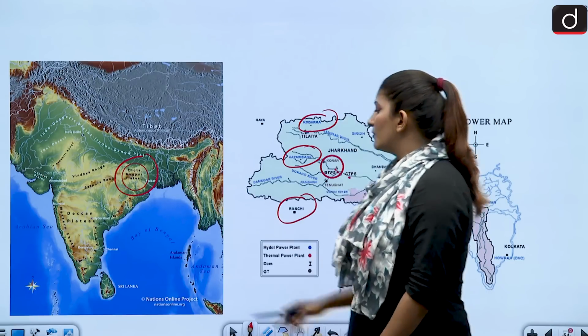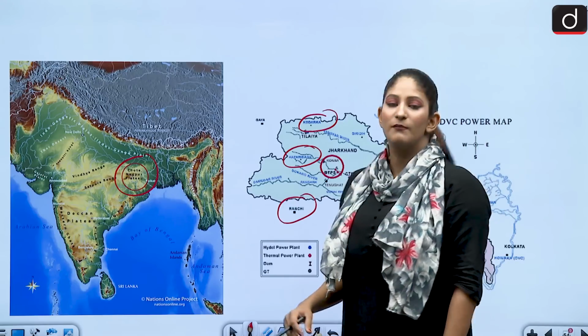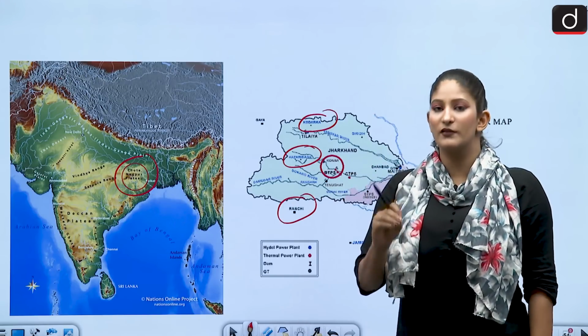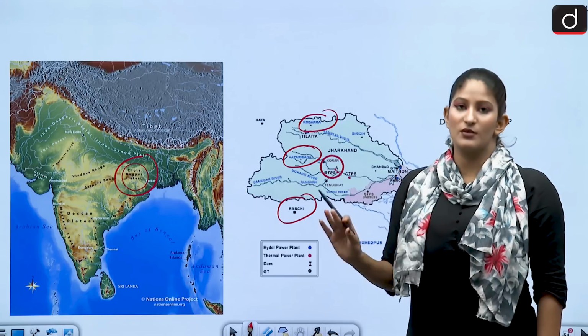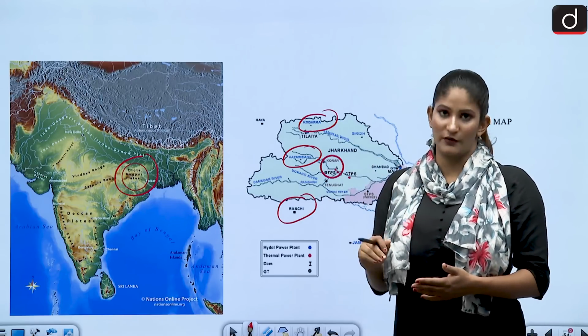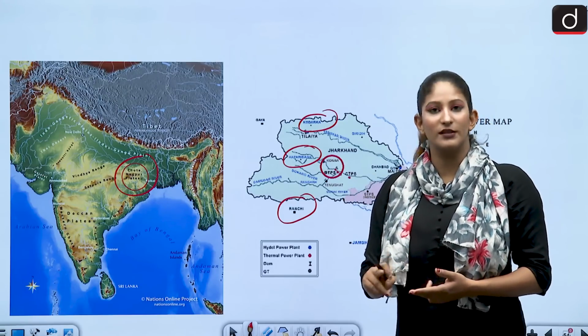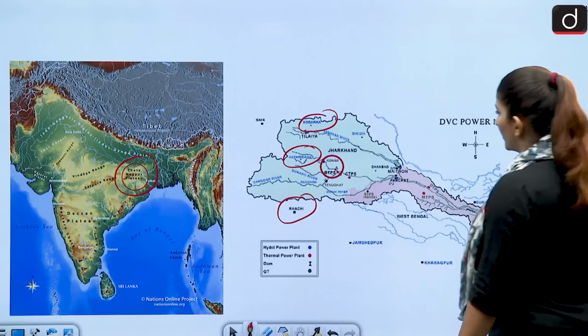So for Chota Nagpur Plateau, the question says that its entirety lies between Damodar River, Ganga River in the north, and Mahanadi in the south, which is not correct because Damodar River flows through the central region of it, and to the north of it we have Ganga and Son River, and to the south we have Mahanadi. So first is not correct.